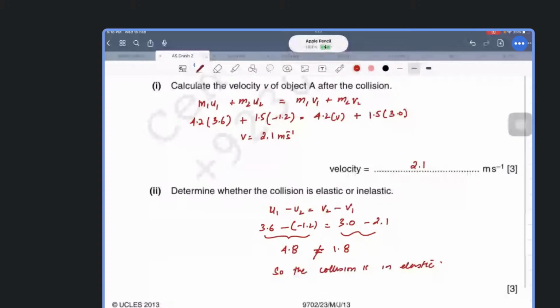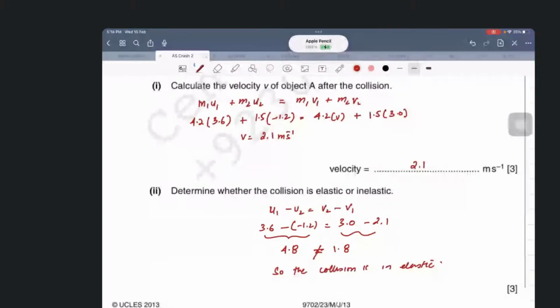Sir, the one in which we have done V2 minus V1, won't it be like 2.1 minus 3.0, because V2 is like after the collision? This is U1, this is U2. Oh, no, sorry, sir. I got it. Okay, do you understand now? Okay. Alright, wait a second, please.